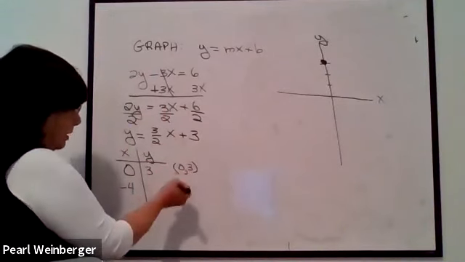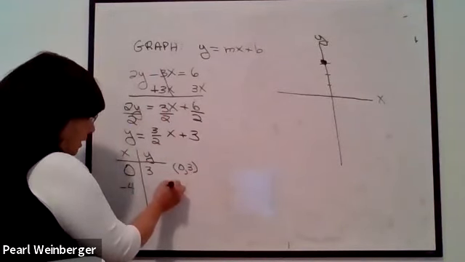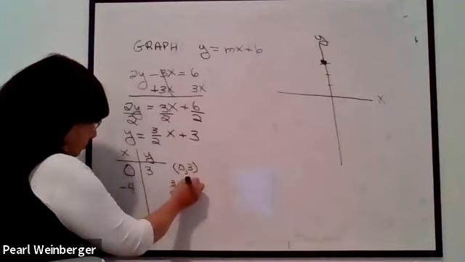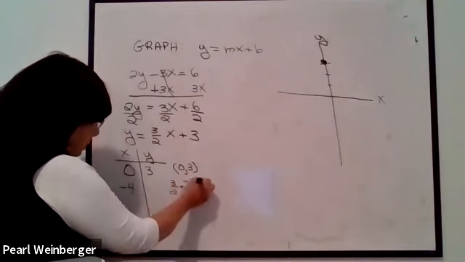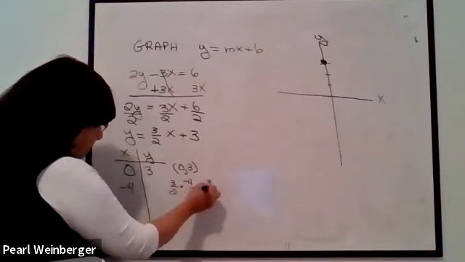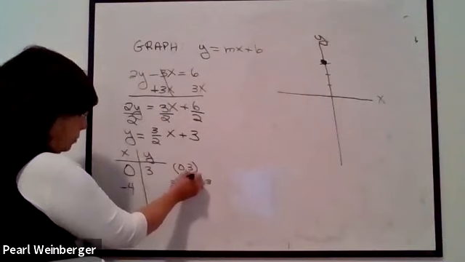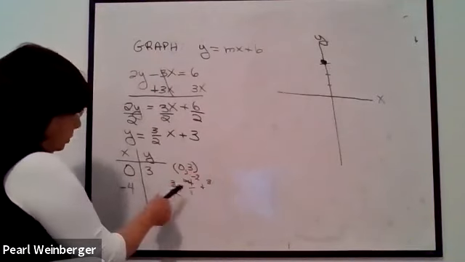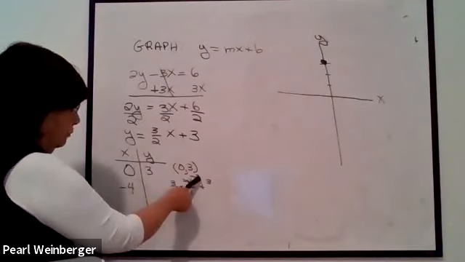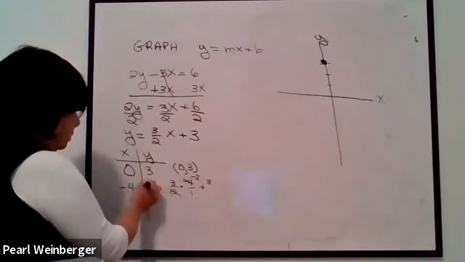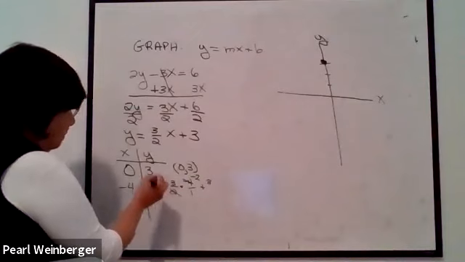So if I do that, I'm going to get 3/2 times -4, which is obviously -4/1, plus 3. And here the 2 cancels into the -4 and gives me -2. So I have 3 times -2, which is -6, plus 3, which gives me -3.